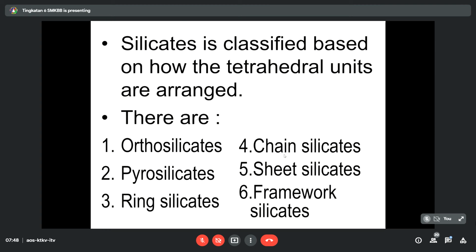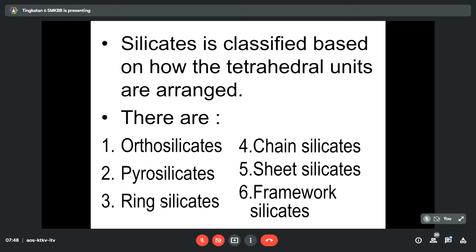That means getting more complicated, more layered. Framework is a 3D structure. Sheet has a few layers. Chain, of course, you should know, is a long chain. Ring forms at least a triangle, a hexagon and so on. Ortho and pyro, of course, you should think they would be very simple.